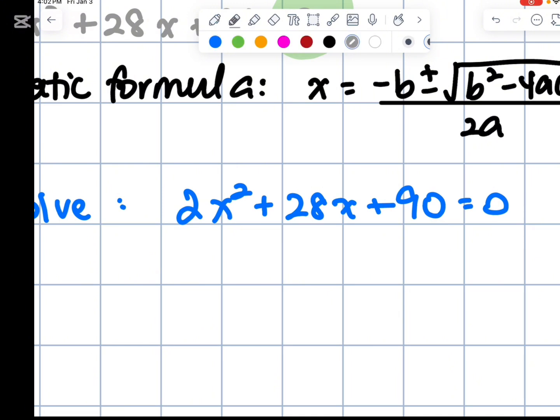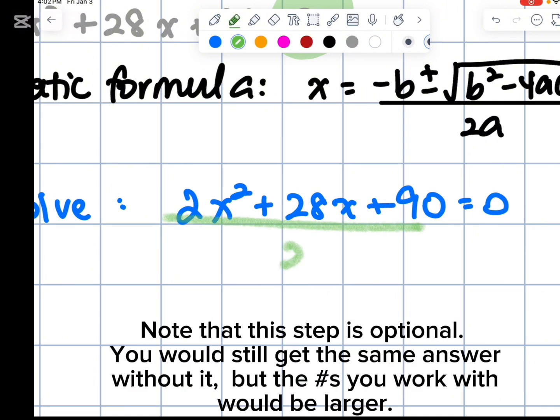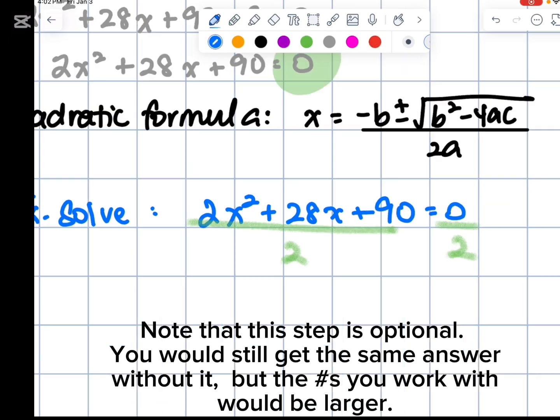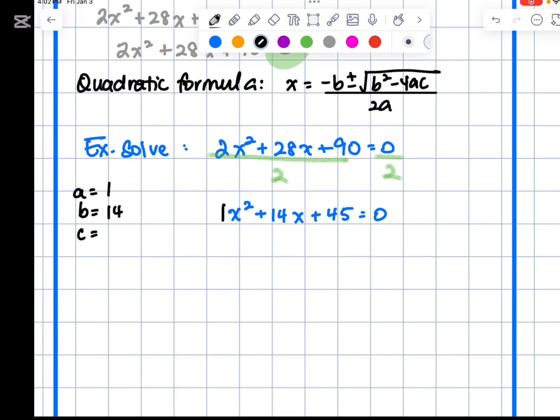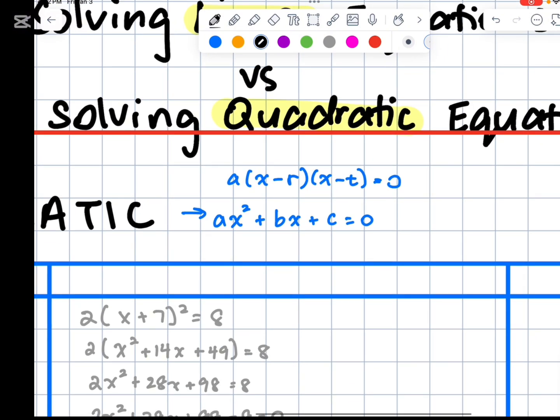So what I could do actually, because it's an equation and I have a left and a right side to balance it out by, I could divide everything by 2, and that way I just end up using smaller numbers, which is nice. Okay, so if I'm using quadratic formula on that, let's pick out my values for a, b, and c. A is 1, b is positive 14, c is 45, and that just goes along with these positions of a, b, and c.